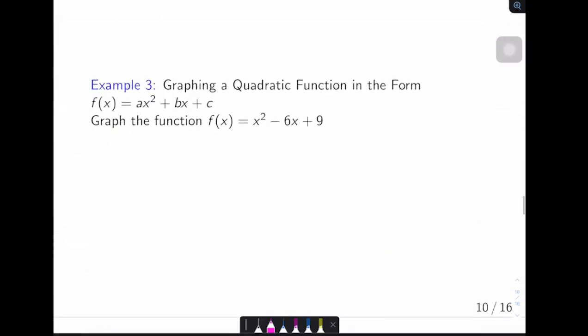Example 3. Here we go. Right away, I'm going to jump in. We're going to get a y-intercept at (0, 9), because that's what our c is.